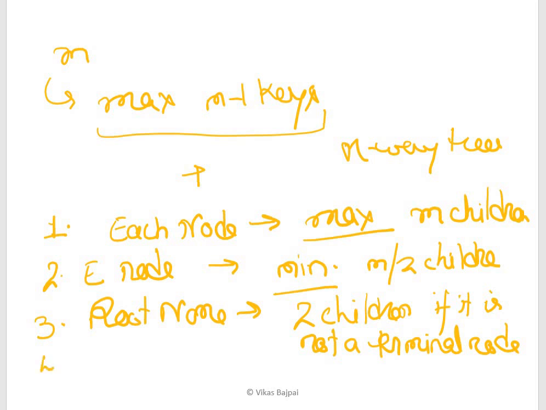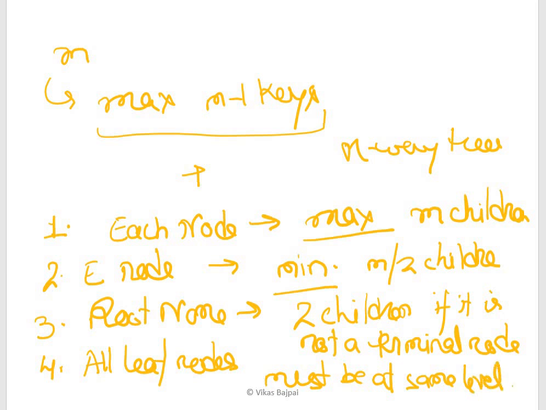And the last one, which is a very important one, is that all leaf nodes must be at the same level. So this is something which is very important.